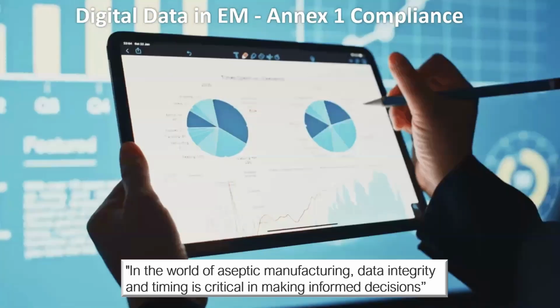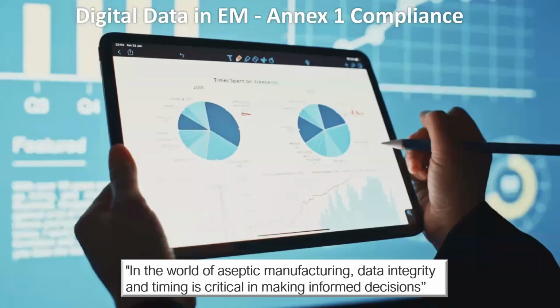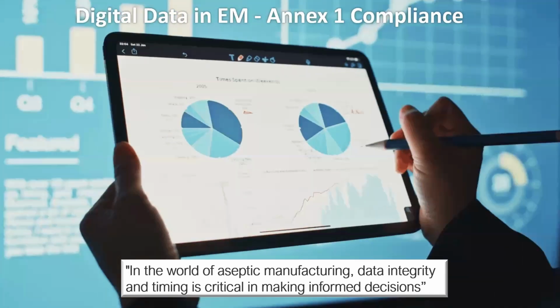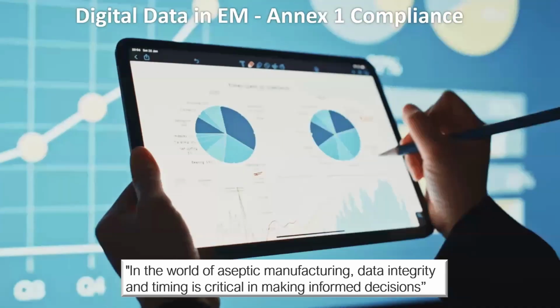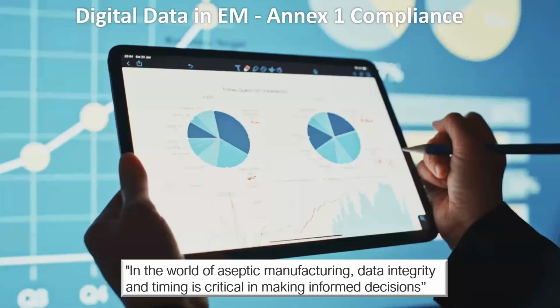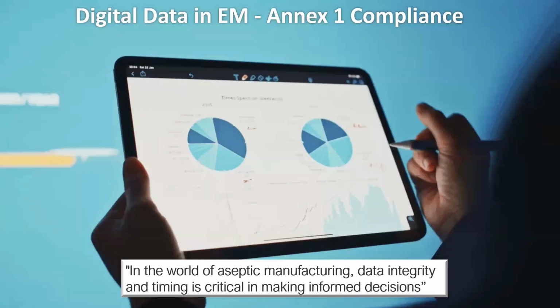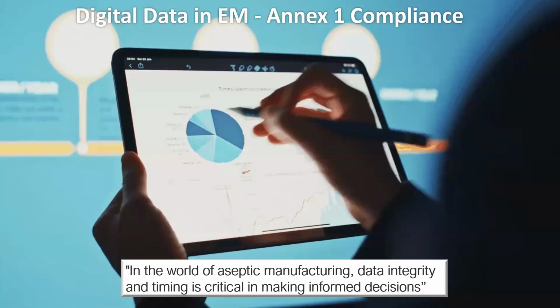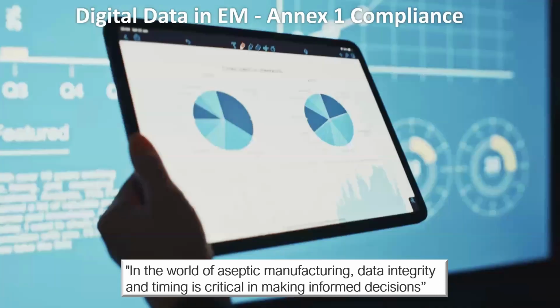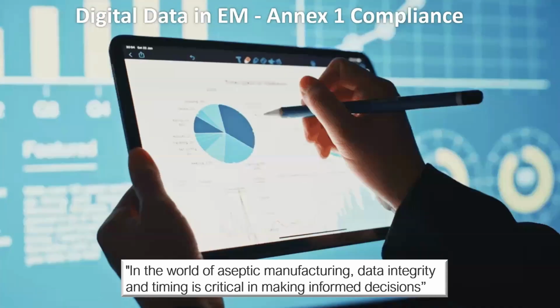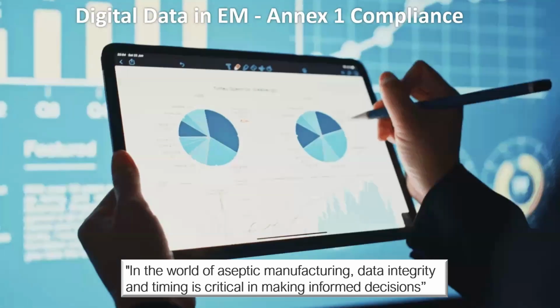And in the world of aseptic manufacturing, timing is critical. Digitalization is not just about adopting new technologies, it's about building sustainable compliance. And with enhanced digital technology and environmental monitoring, we create a contamination control strategy that's not just effective today, but is resilient for the challenges of tomorrow and beyond.